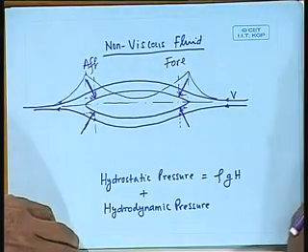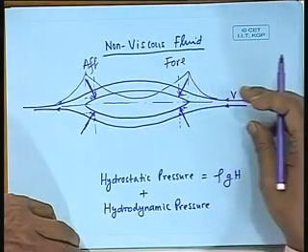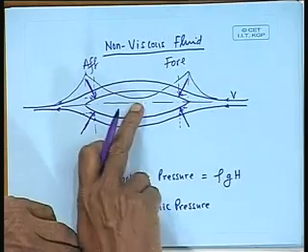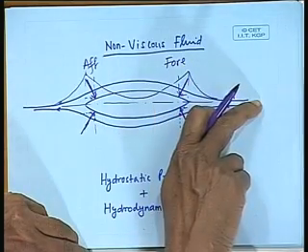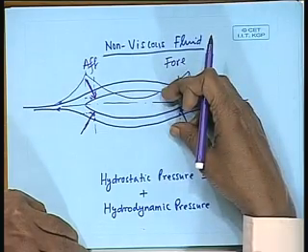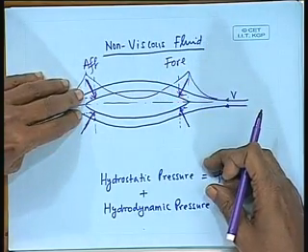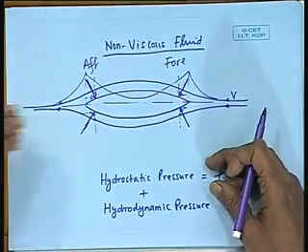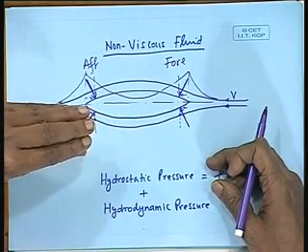Now, these fore body forces are trying to oppose the motion. The ship is after all going this way. So, the force is acting this way, this is trying to oppose the motion, and in the aft body the force is trying to support the motion.